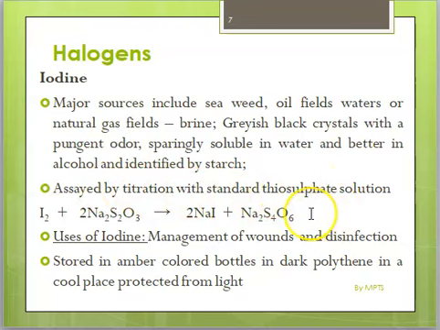Now, again, we have a topic called iodometry in titration. We shall look at these in detail, because here is just a statement. Of course, it is used in management of wounds and also as a disinfectant. It is stored in amber colored bottles because it can easily decompose, protected from light.